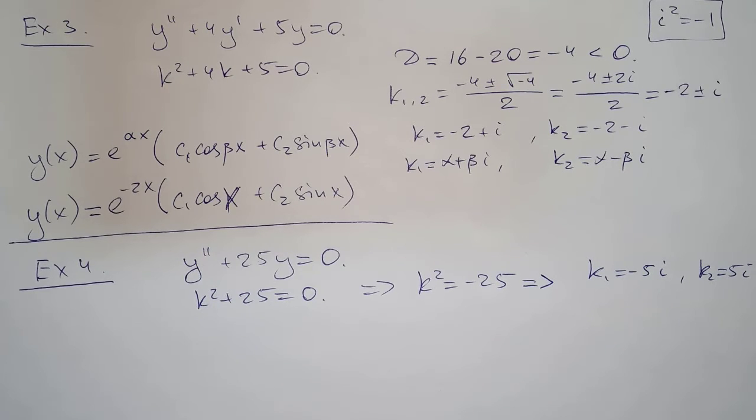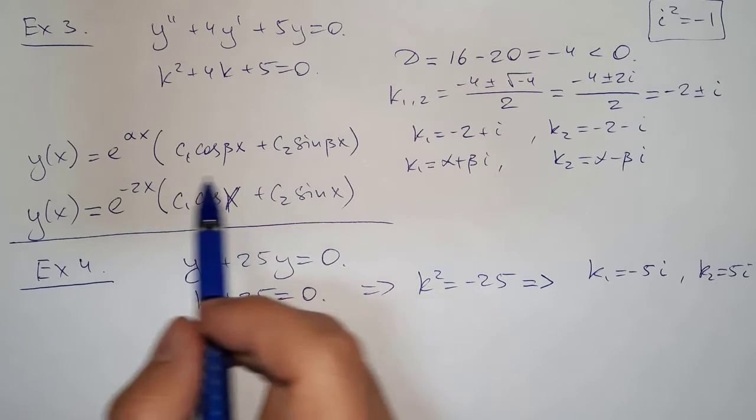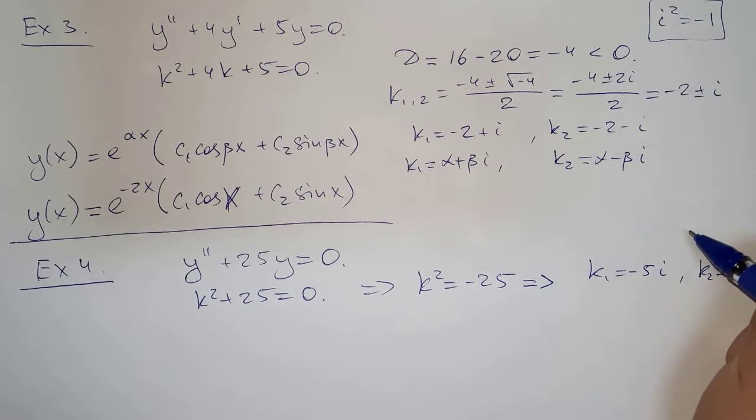And here the answer can be written in the general form. In this case alpha is 0 and beta is 5.